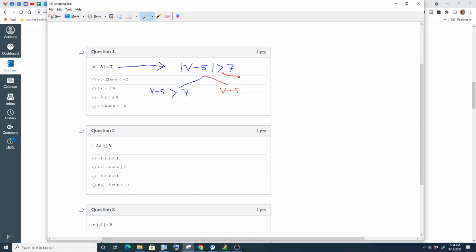So now instead of greater than, you're actually going to change it to less than, as well as change the sign of the number. So instead of a positive 7, it's going to be a negative 7. Crazy, right? So we're both changing the inequality symbol and the sign of the number. And now we're set up to solve this inequality, right?